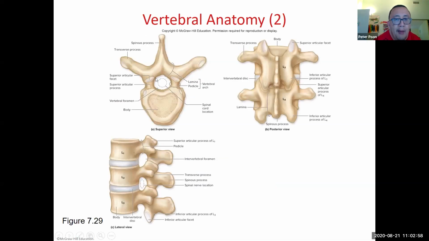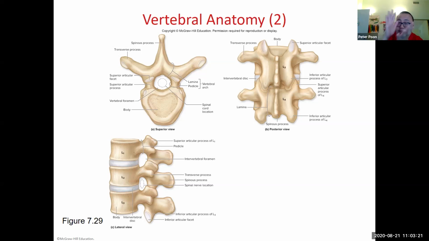On top of the pedicles are the superior articular facets, and on the bottom are the inferior articular facets. The superior articular facets of the lower vertebra attach to the inferior articular facets of the upper vertebra. That's where the vertebrae actually touch.